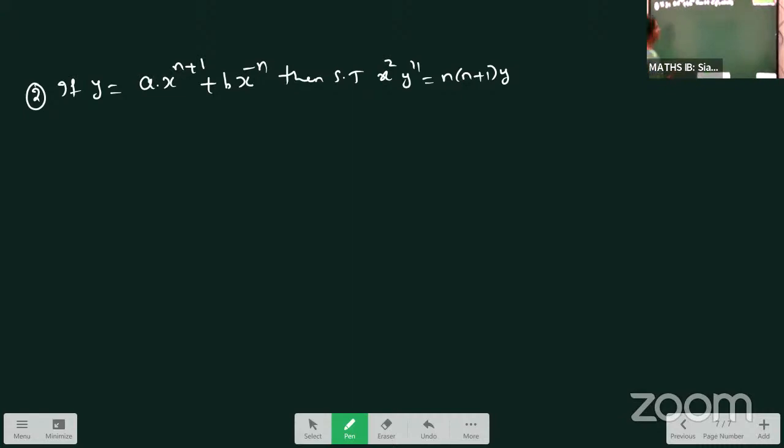Most important question it is. Y is equal to, in terms of x values are given. He is asking us to prove x square y double dash. Y double dash means second derivative he is asking.